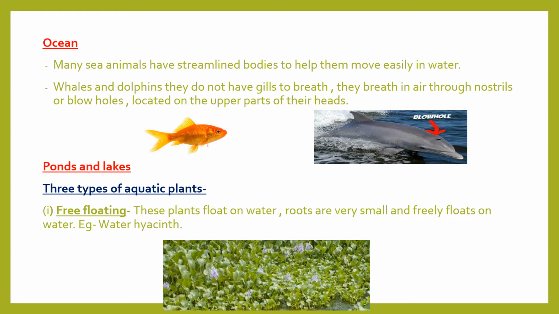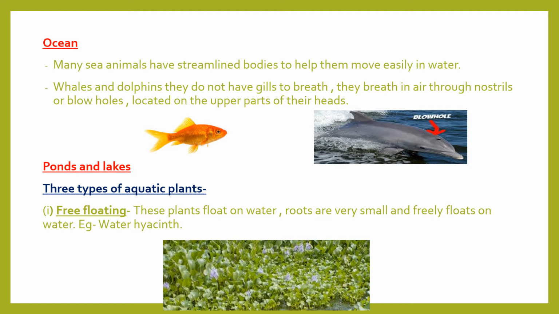Now, let us see one more thing. Whales and dolphins do not have gills to breathe. They breathe in air through nostrils or blowholes located on the upper part of their head. You can see in the picture the blowhole is marked.